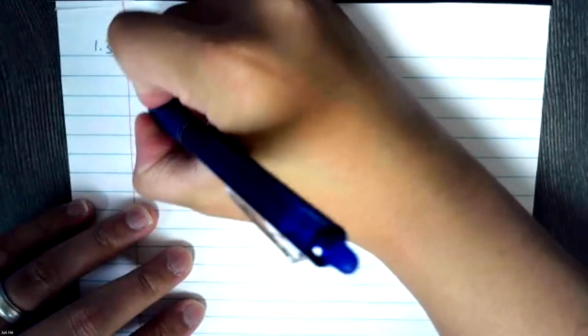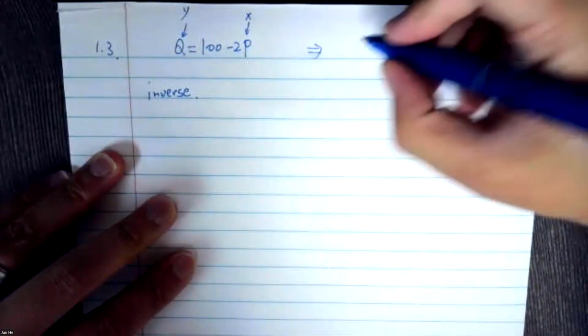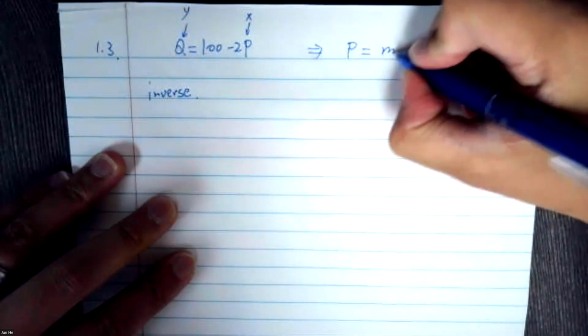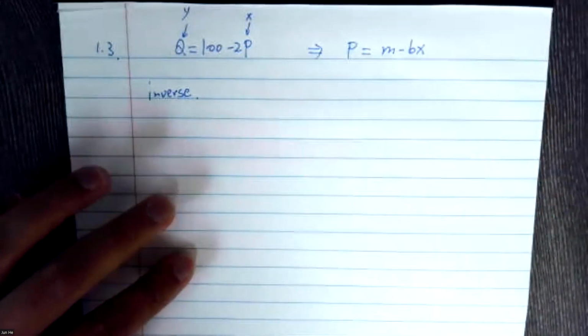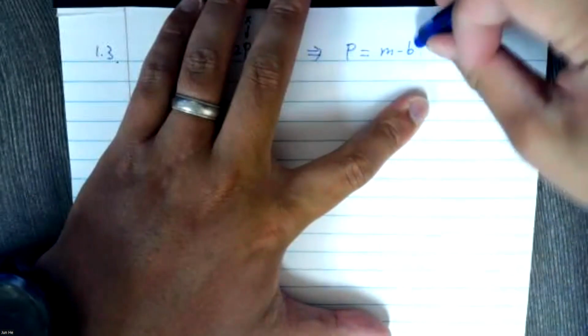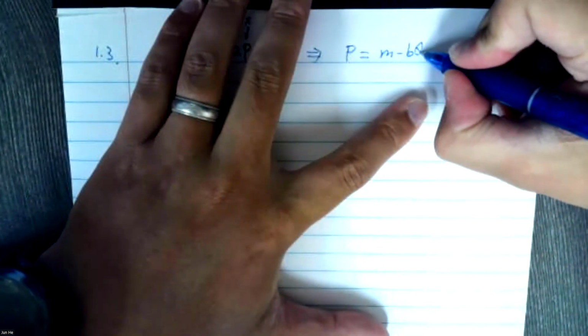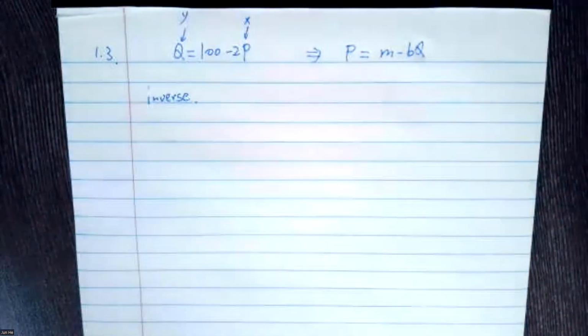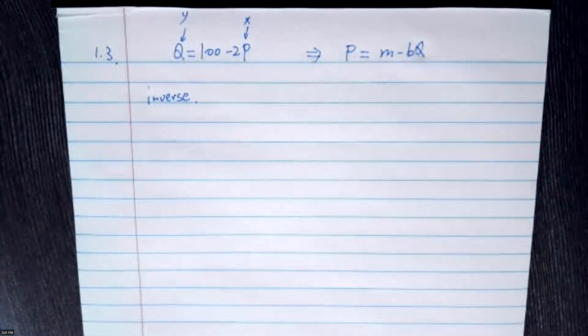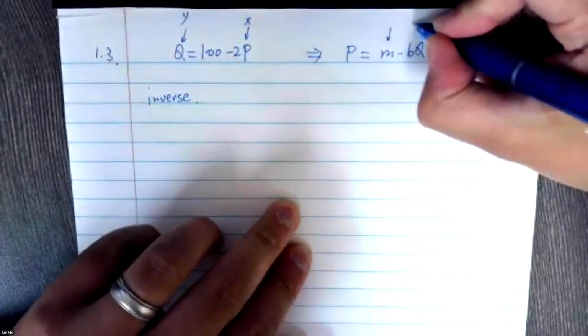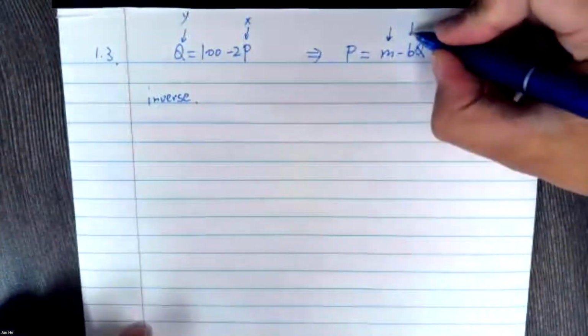And our first task is to find the inverse, in which you need to swap the position of P and Q. So now Q is in the position of Y, P is in the position of X. So now let's swap it. Our target then is to convert this function into something like P equals M minus BQ, and we need to find M and B. We need to find those numbers.